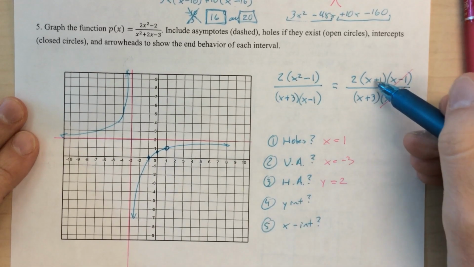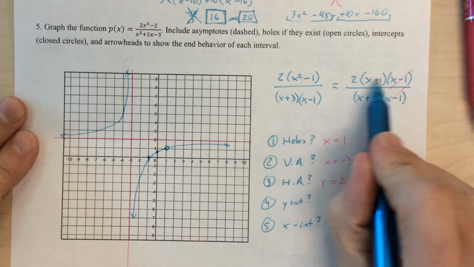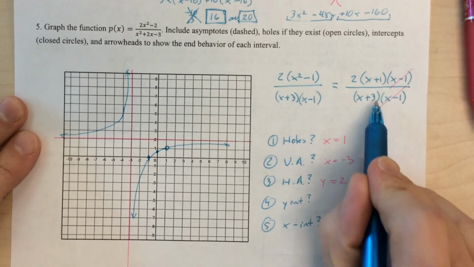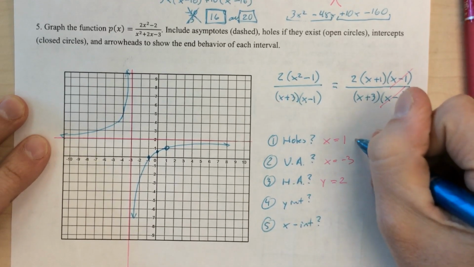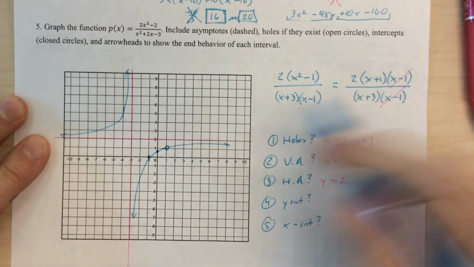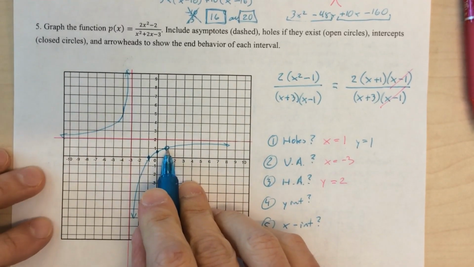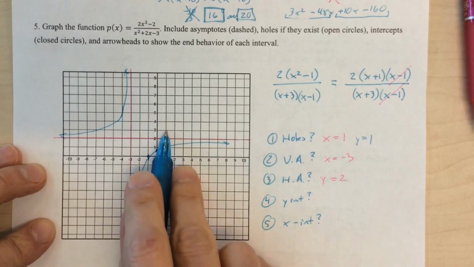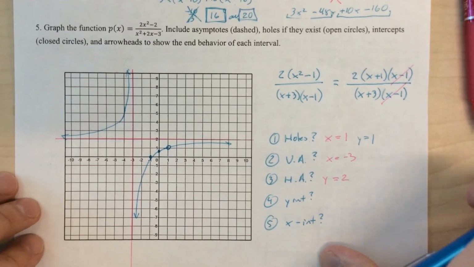If I plug that 1 in there, this is going to give me 2 times 2, which will be 4, and those will give me 4. So it should be at a height of 1. We actually end up figuring out that it's at 1, and luckily my dot ended up right on that spot. But we definitely want to see it lined up with where that x would be.